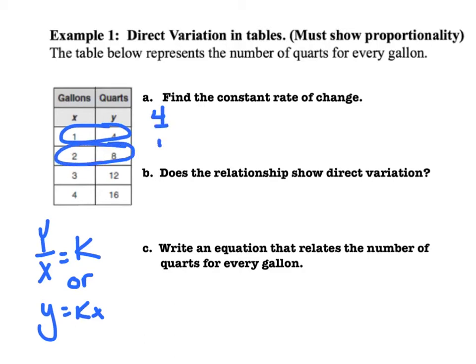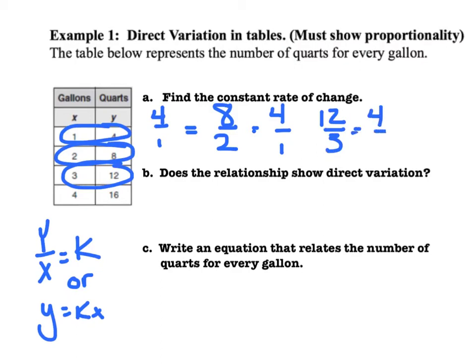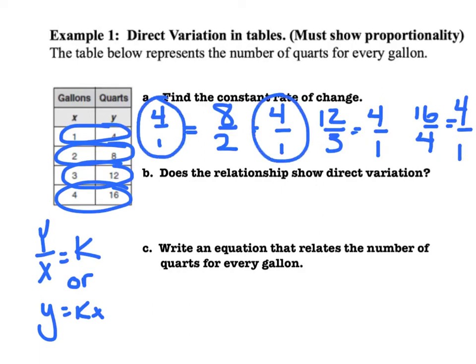And these are proportional because in all of these cases, 8 over 2 is reduced back down to 4 over 1. If I do the same thing with 12 over 3, I still have 4 over 1. 16 over 4 is equal to 4 over 1. So my constant rate of change is 4. X is being multiplied by 4 in each one of these instances.